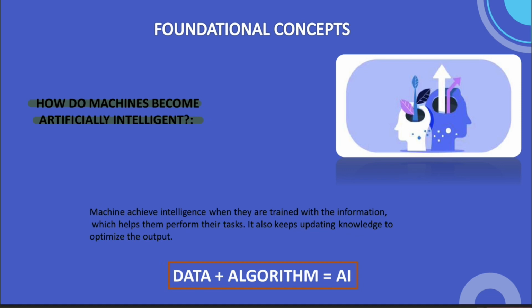But how did machines get this intelligence? Nowadays machines also have these capabilities, one or more than one. Machines are also able to learn, think, decide, and act like a human. So how do machines become artificially intelligent? Let's try to find it.